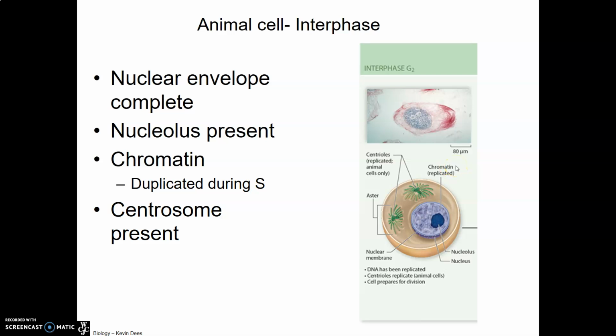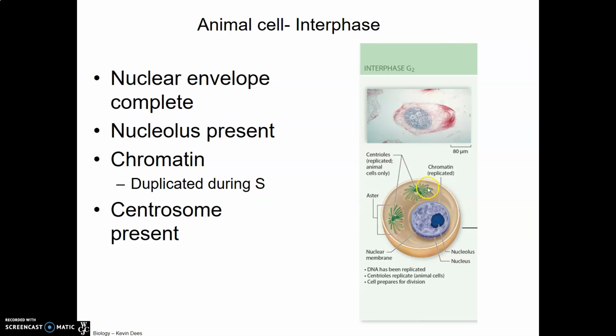Now, you can't see when chromatin is replicated during the synthesis phase, but what you can see is a perfectly round nucleus defined by a very clear nuclear membrane, the genetic material in the form of chromatin, and one or more nucleoli present.